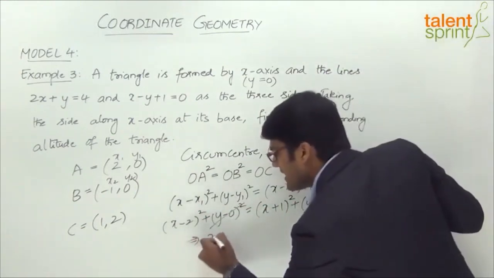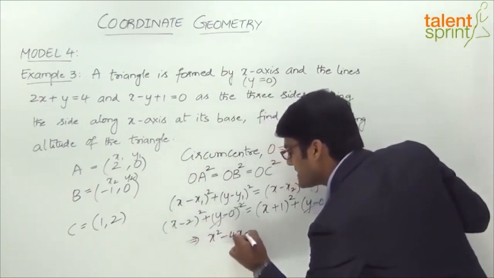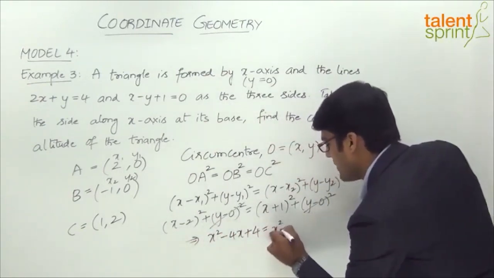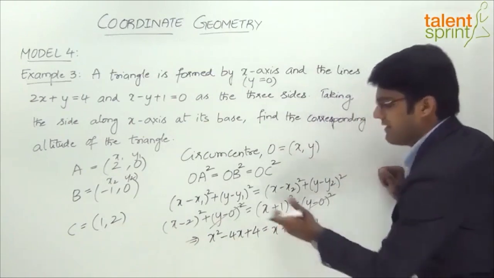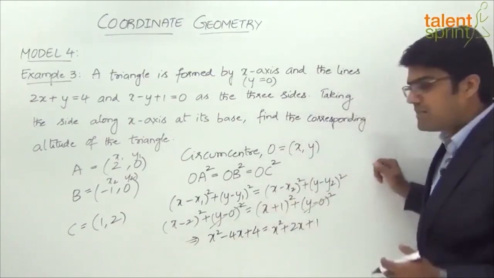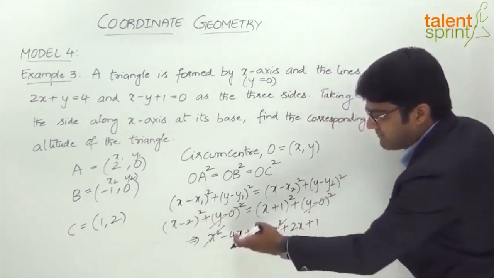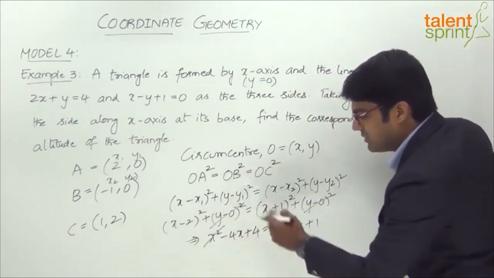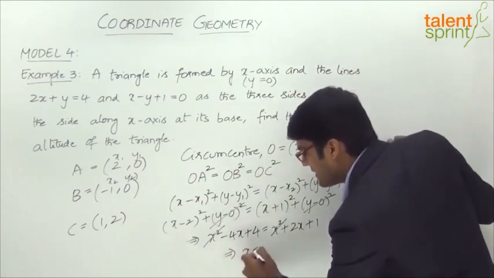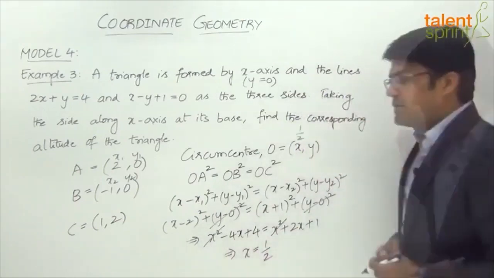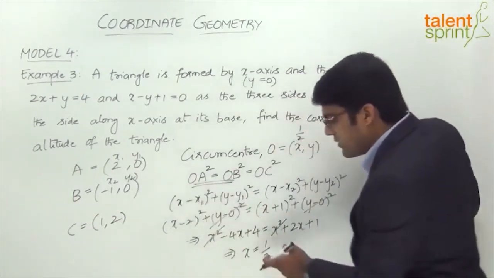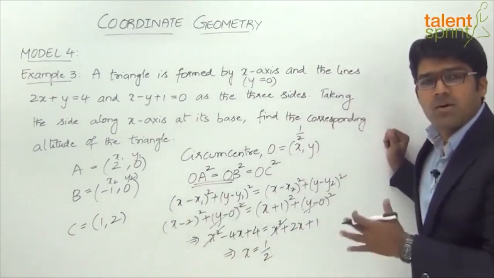So this implies x squared minus 4x plus 4 equals x squared plus 2x plus 1, right? Just using the (a plus b) or (a minus b) whole square expansion. So x squared anyway gets cancelled. We get 6x equals 3. 6x equals 3 implies x equals 1 by 2. So by solving OA squared equals OB squared, we have got the first coordinate, the x coordinate, 1 by 2.